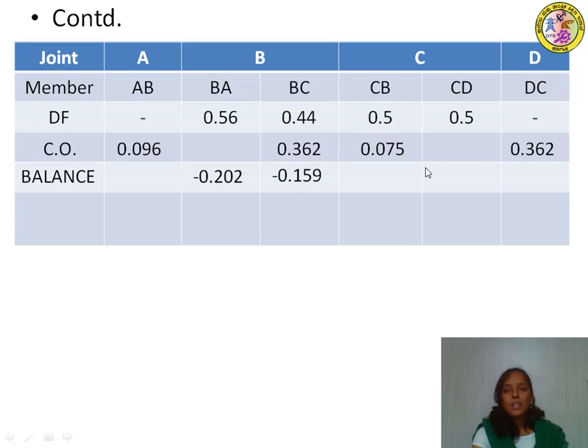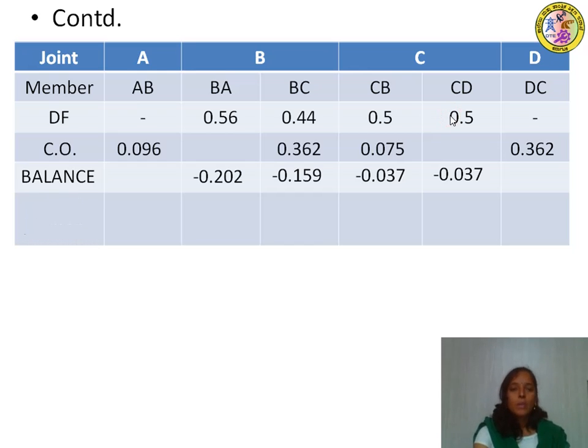So the balancing moment will be minus 0.075. So minus 0.075 into 0.5 will be equal to minus 0.037. It is for both CB as well as CD. So now the next step is to calculate the final moments.